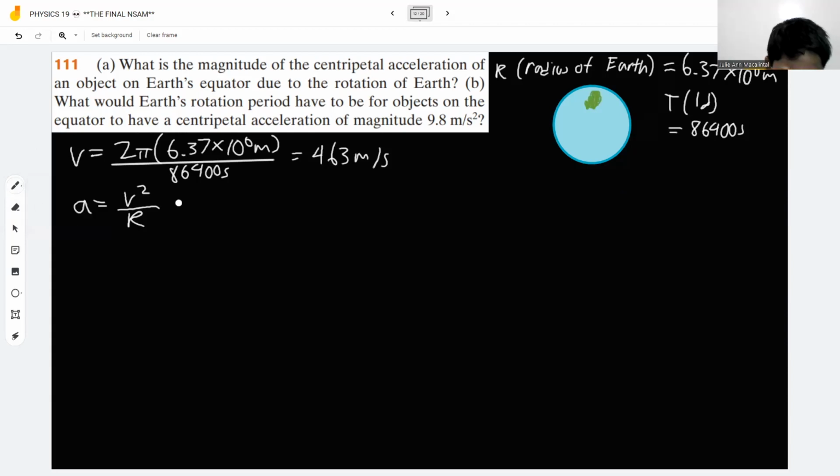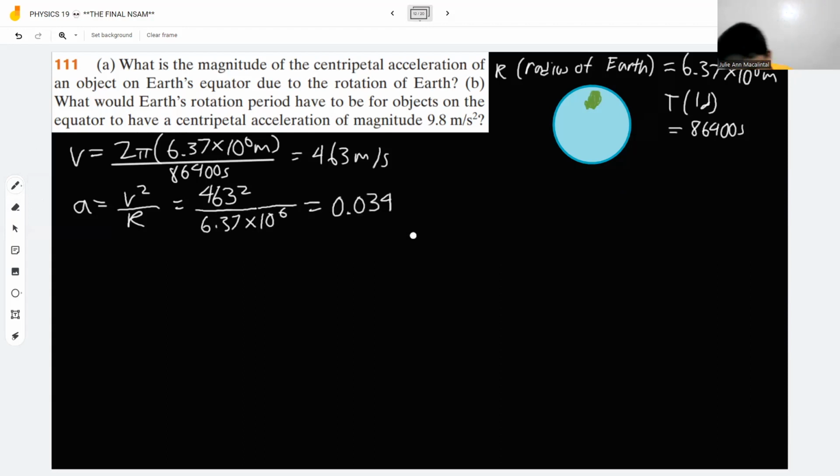Okay. So v squared equals something. Okay, so that's very slow.